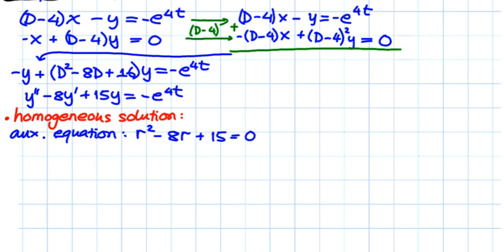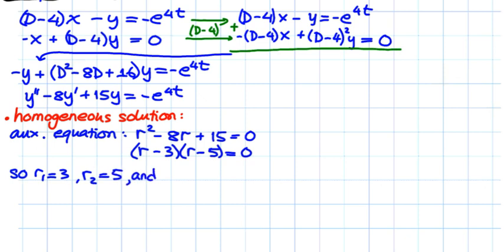Factor out, we have r minus 3 and r minus 5 equal to 0. So r is 3 and r is 5. And the homogeneous solution is C1 e to the 3t plus C2 e to the 5t.